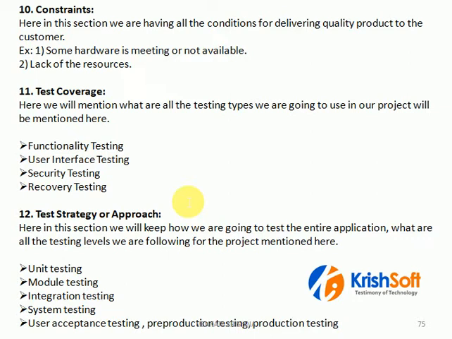Next, the 11th one, test coverage. In the previous videos you might have seen I have taken one or two sessions on testing types: functional testing, GUI testing, functional positive, functional negative, and various other testings like regression testing, retesting, smoke testing. Those all I have covered. So the test coverage section talks about the different testing types in scope for our project.